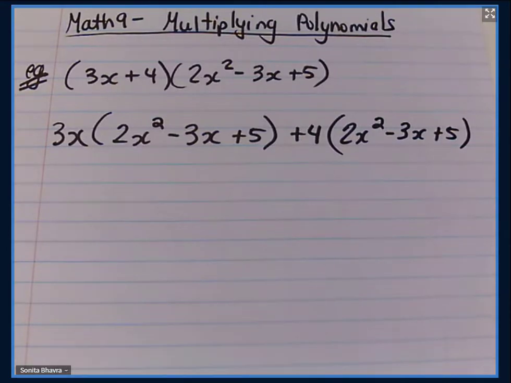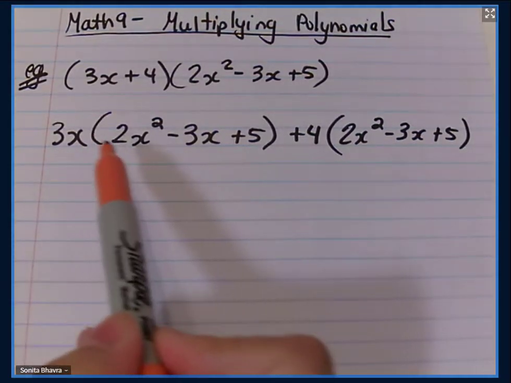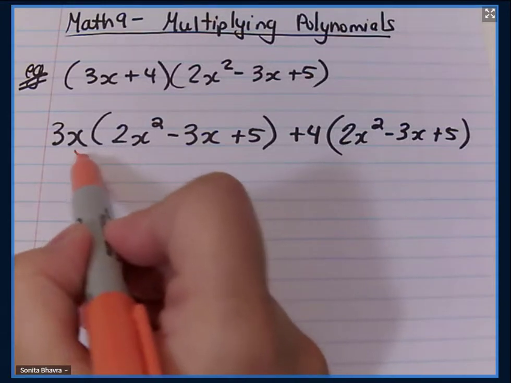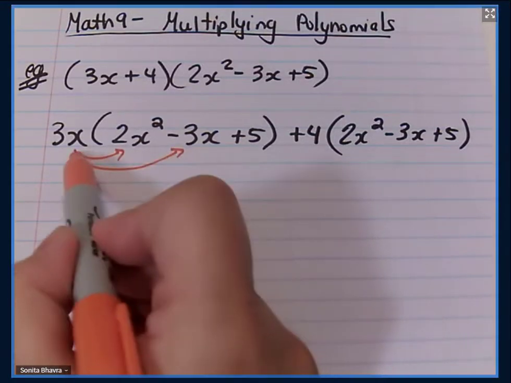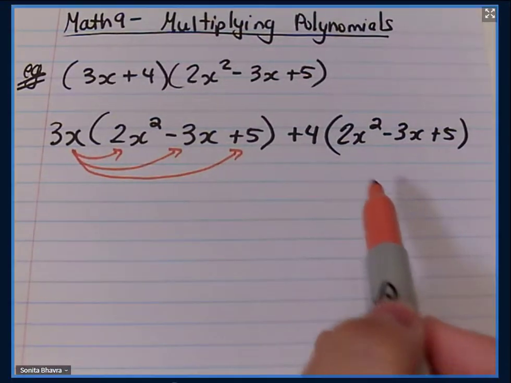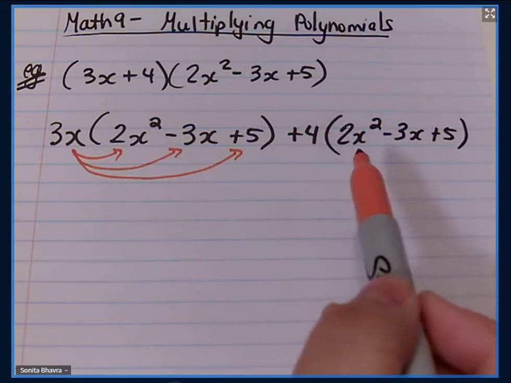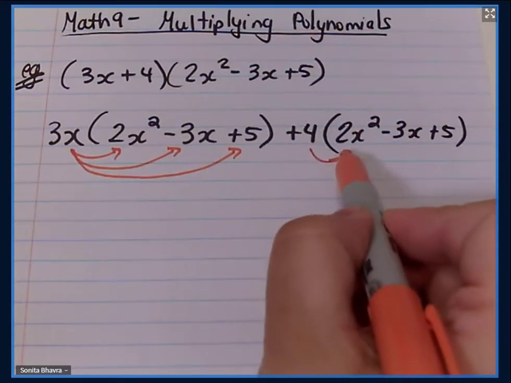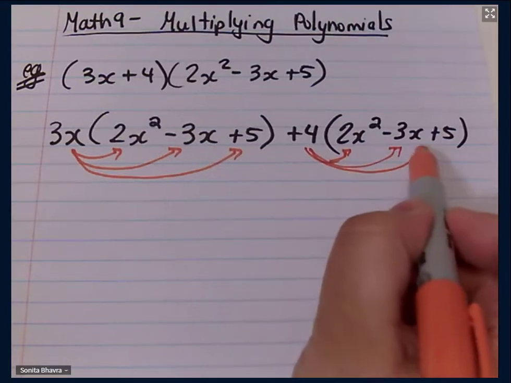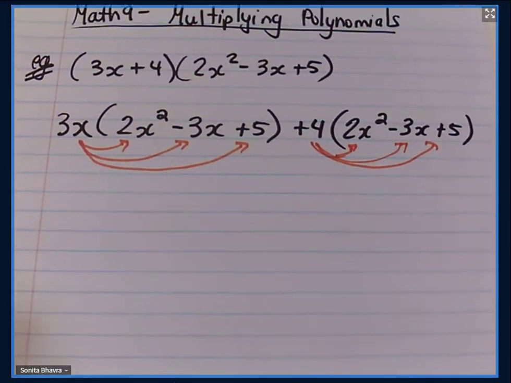So now we would go ahead and multiply this 3x with everything inside the bracket. And then we would take the 4 and multiply it by everything inside this bracket. And then you would collect any like terms and simplify.